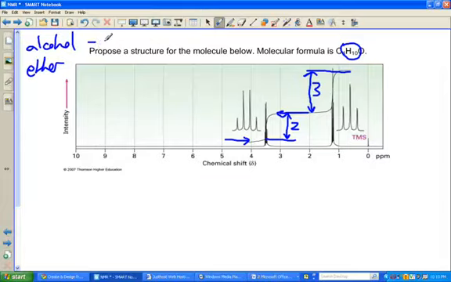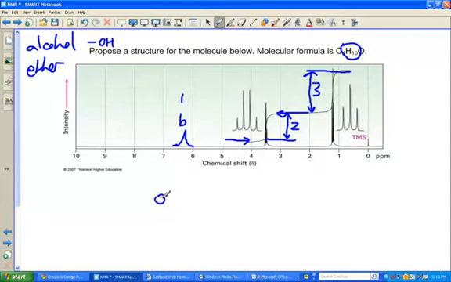Now for an alcohol you always have that OH peak, which first of all would require a peak with an integration of 1, which we don't have, and the alcohol peak always appears as kind of a broad peak all by itself. B for broad, which we certainly don't see here, and there's nothing that has an integration of 1 either. So therefore we must have an ether.